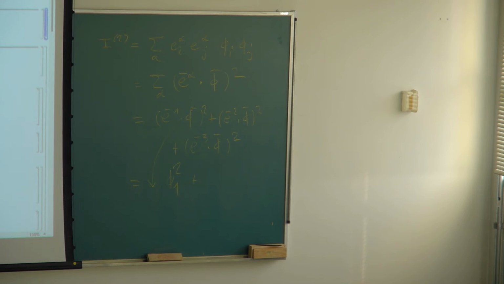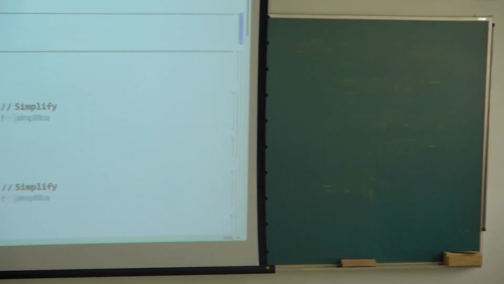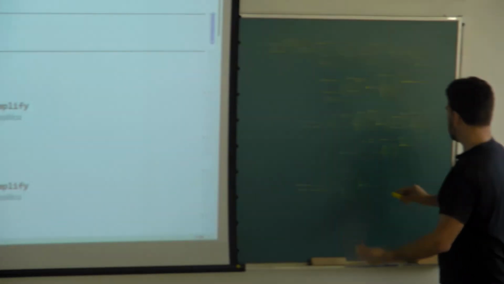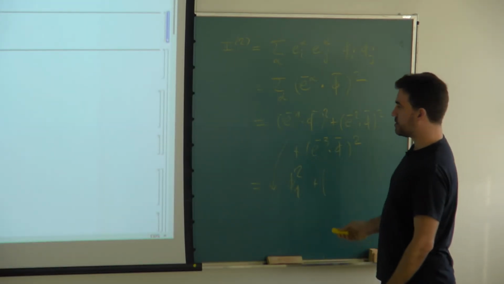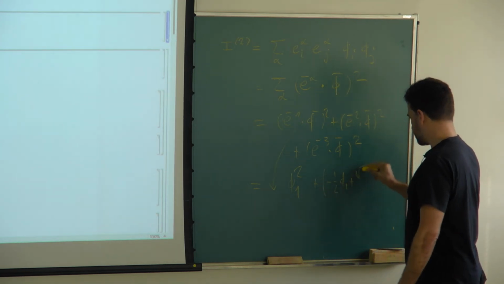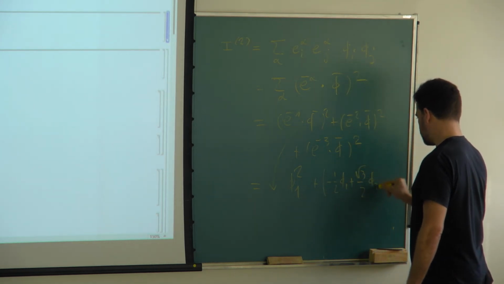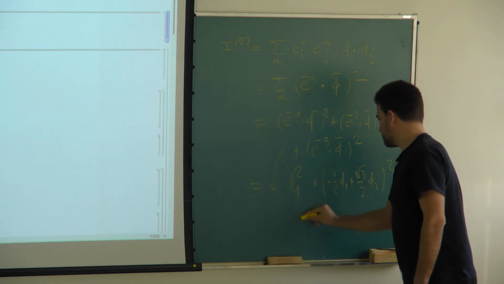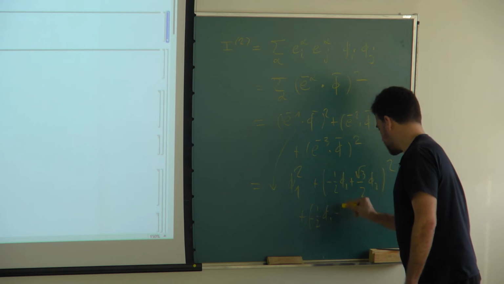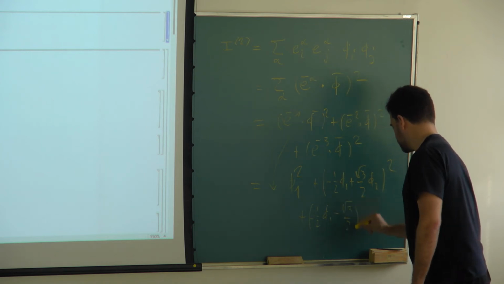This is a minus here and the minus is here. Here we need to make the square of the scalar product. The scalar product is minus 1/2 the first component plus square root of 3 over 2 the second component, square, plus minus 1/2 the first component minus square root of 3 over 2.